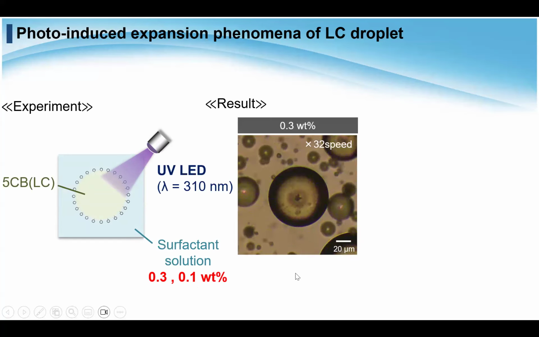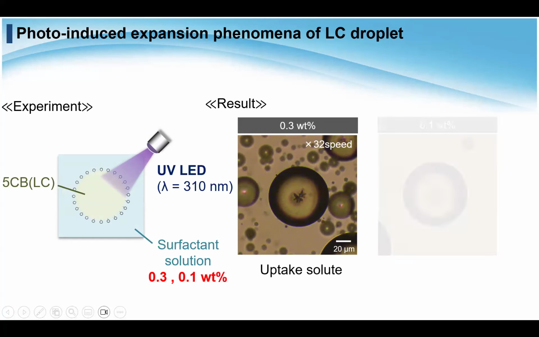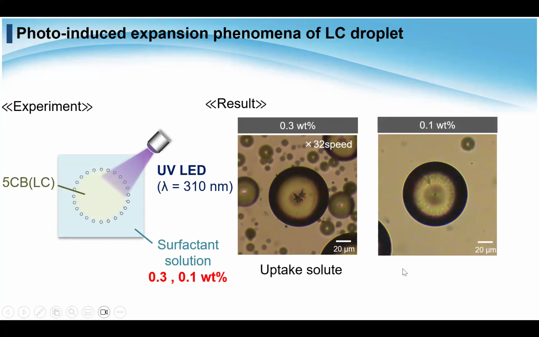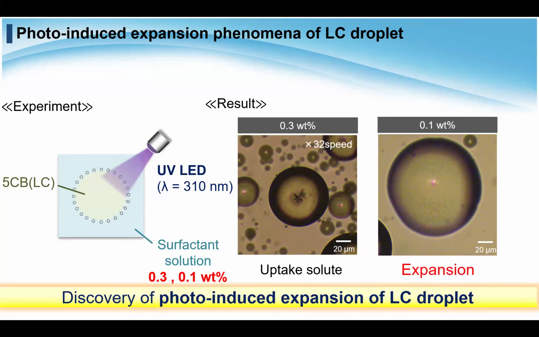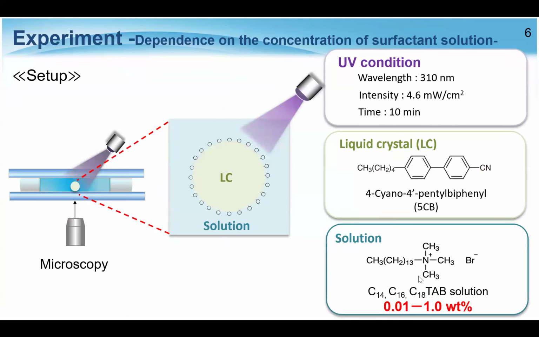What we originally found was that the material somehow aggregated at the center of the liquid crystalline droplet. However, when the concentration is much lower, what happened here is like this. It's actually expanded. So some expansion happened under some conditions.